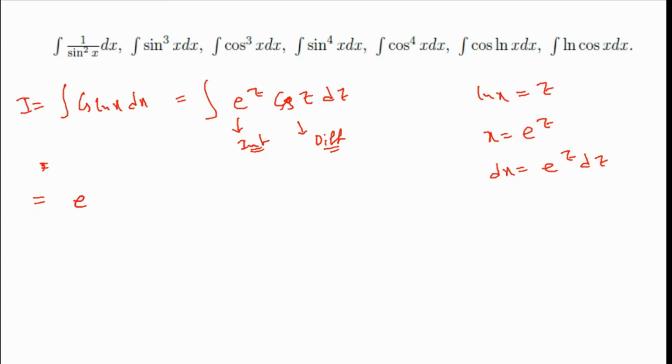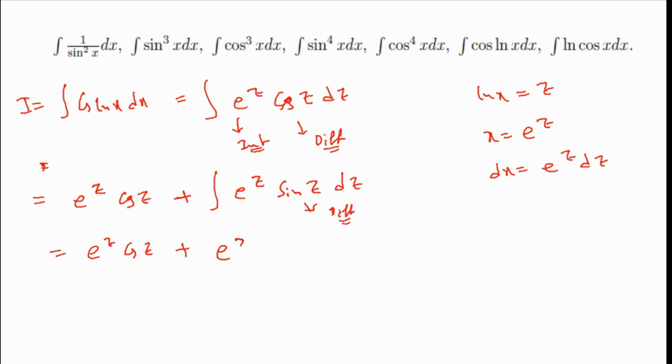We will get e to the power z into cos z minus integration e to the power z, cos z differentiation is minus sin z, so there will be plus sin z dz. Again, e to the power z cos z plus, again we will differentiate that one, that is sin z, e to the power z sin z minus integration e to the power z cos z dz.